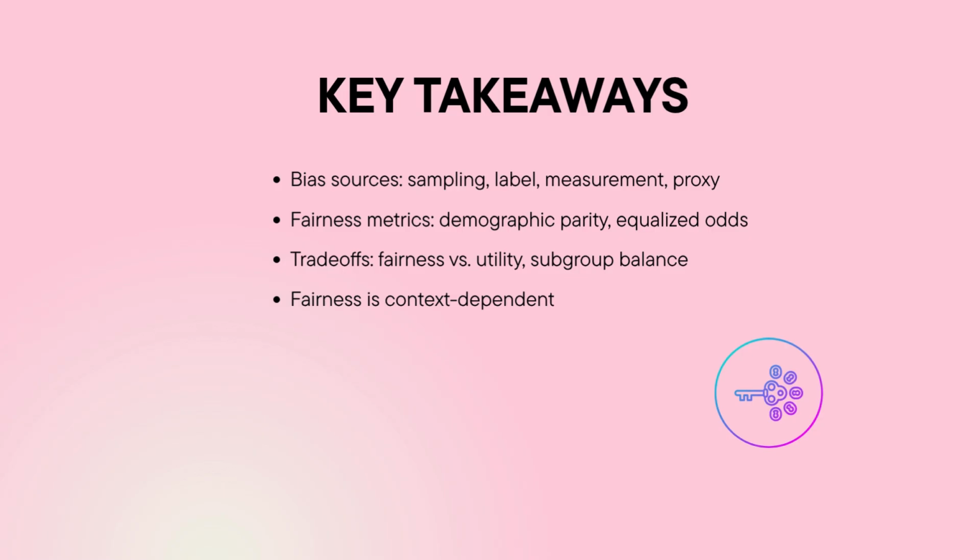We also discussed the inevitable trade-offs, balancing fairness against utility and across different subgroups. The key takeaway is that fairness is context dependent. No single metric solves every problem. And now up next, we'll examine how to detect and mitigate these biases in practice.